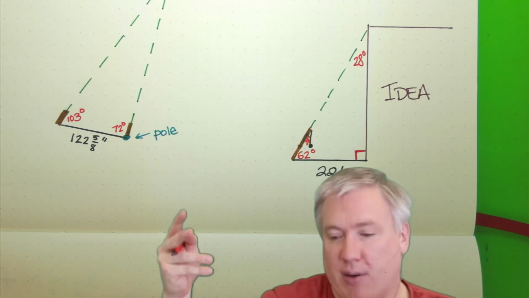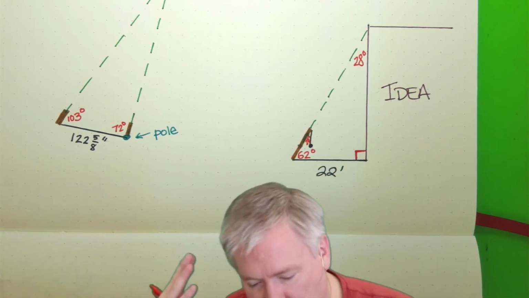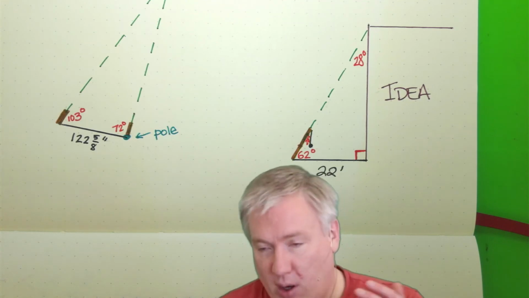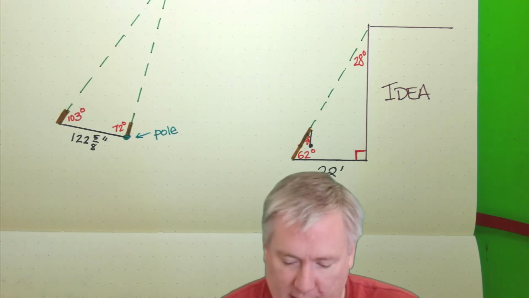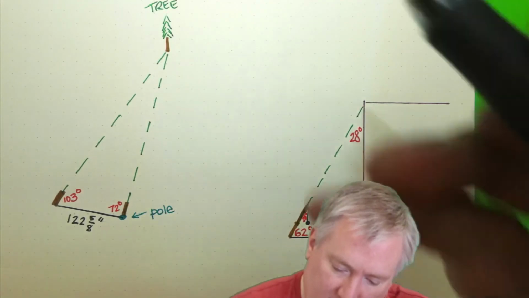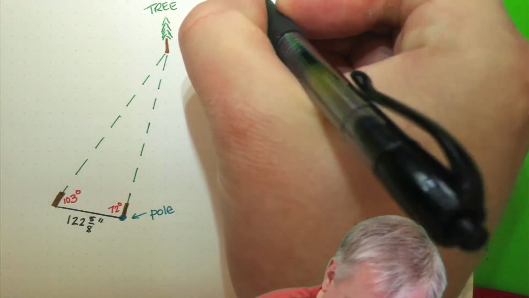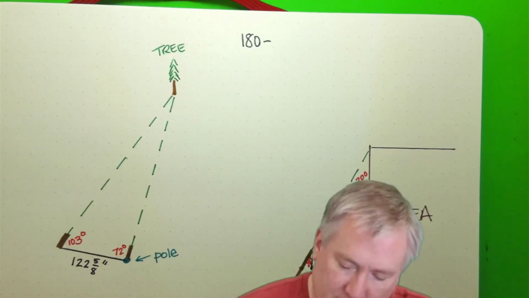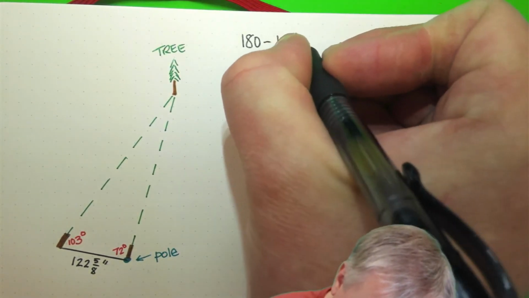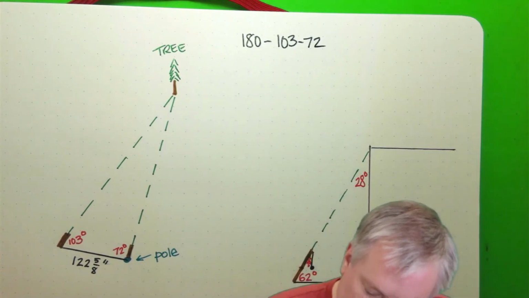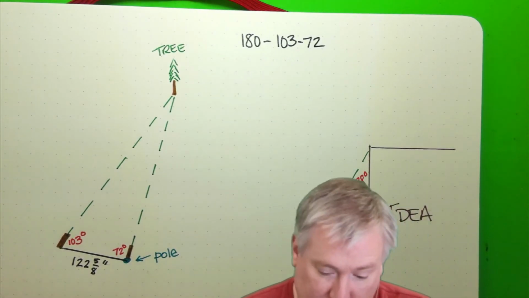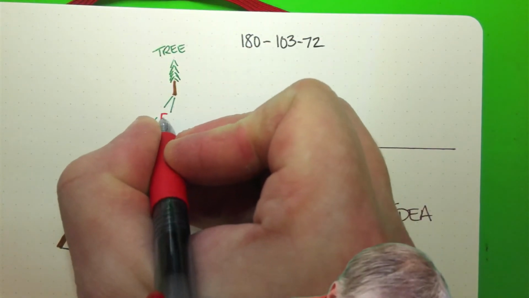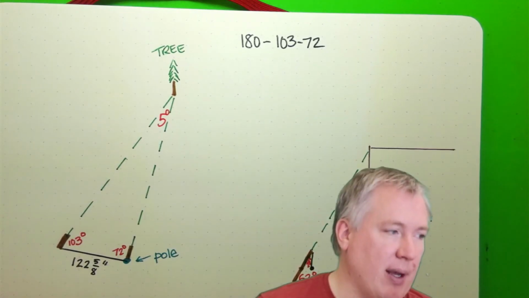Remember that you can figure out the third angle because all angles in a triangle add up to 180. You're just going to take 180 and subtract your other angles. So 180 minus 103 minus 72. You can pull out a calculator, or if you can do this in your head, great. You get 5 degrees for that top angle there.